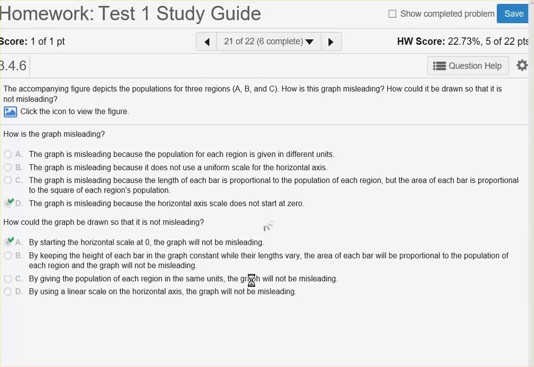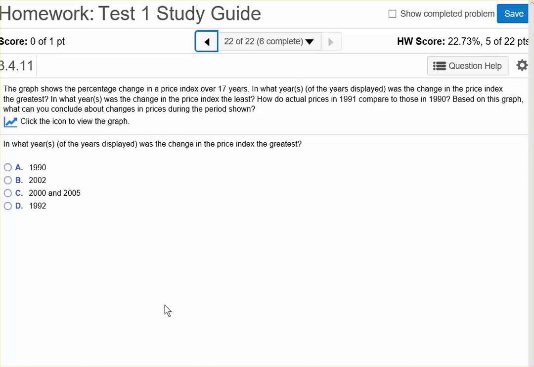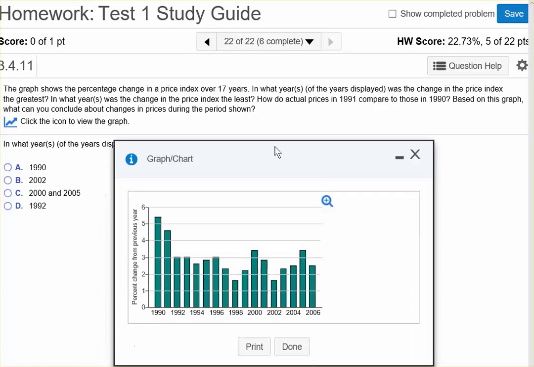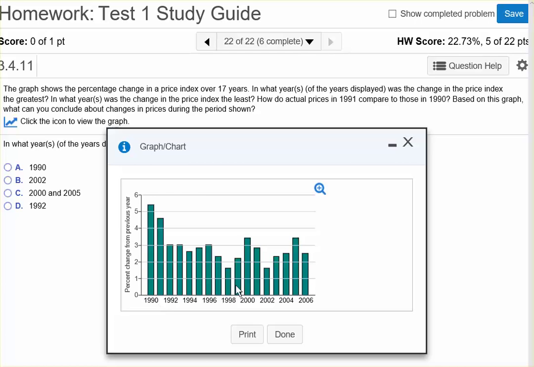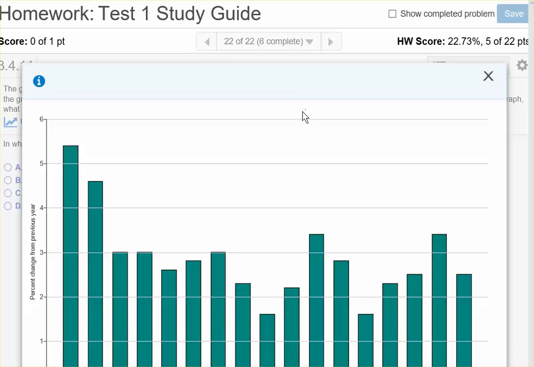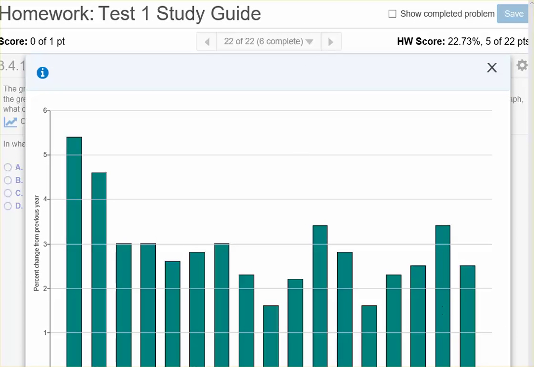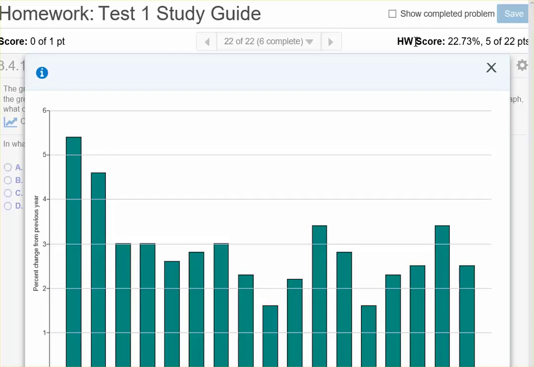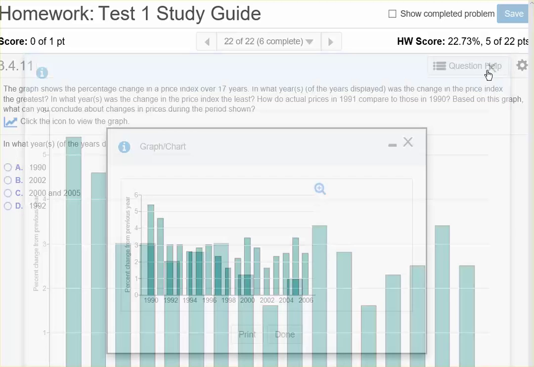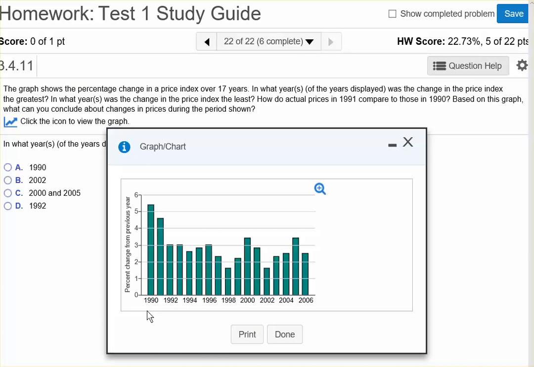Next question. In this particular question, we've got a graph that shows percentage change. Let's take a look at it. On the horizontal axis, we have years.